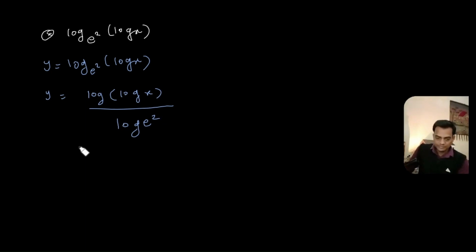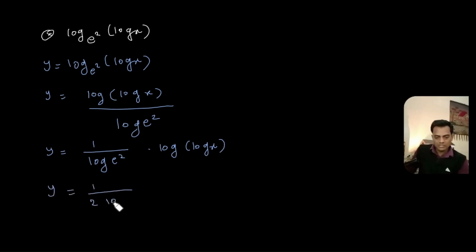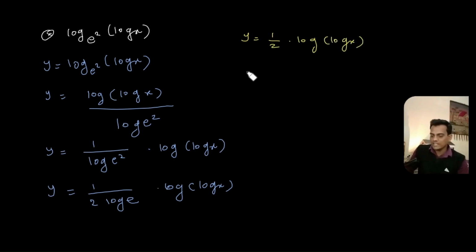It is a constant term, so y is equal to 1 upon log of e square, and then log of x. So y is equal to 1 upon 2 into log of e, and then log of x. I can write y is equal to 1 upon 2 log of x, because log of e is equal to 1, and now I can take the derivative.